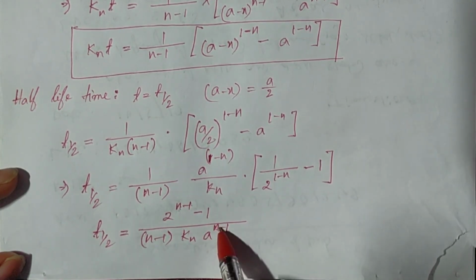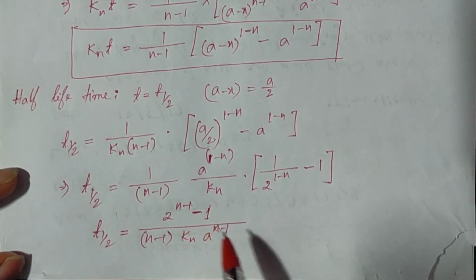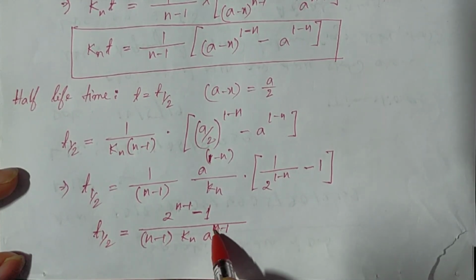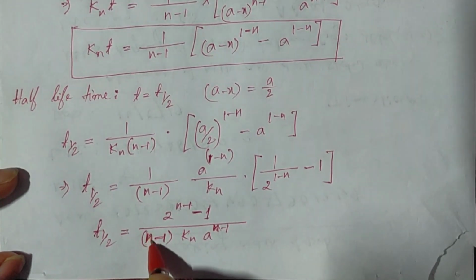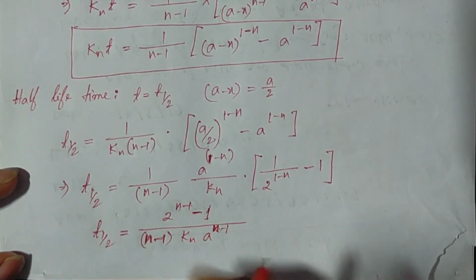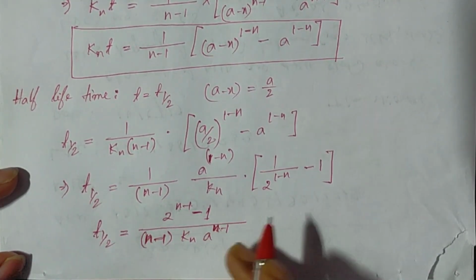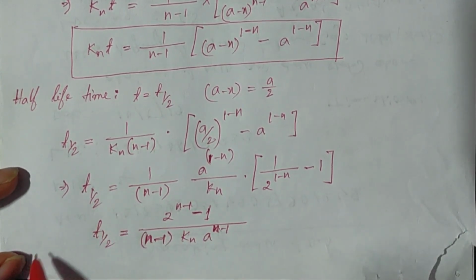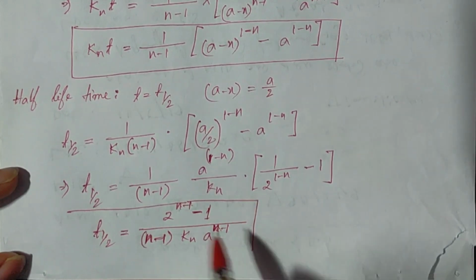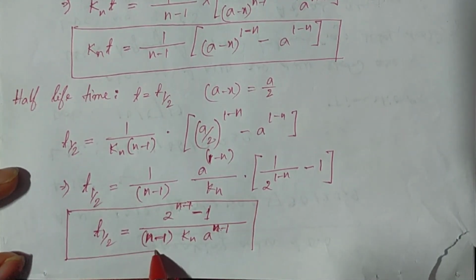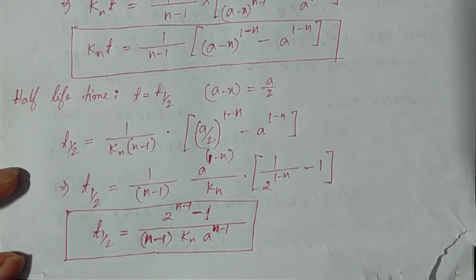So this is same, and here it will be minus 1, and n minus 1 is here, and 1 by n minus 1 is here. Okay, to memorize this, I am simplifying this. So this is the final equation for half lifetime of nth order reaction.